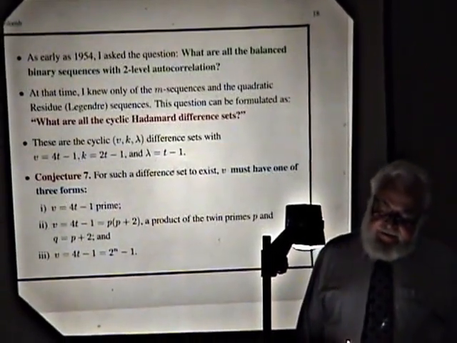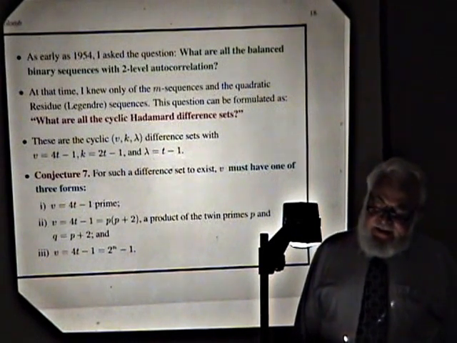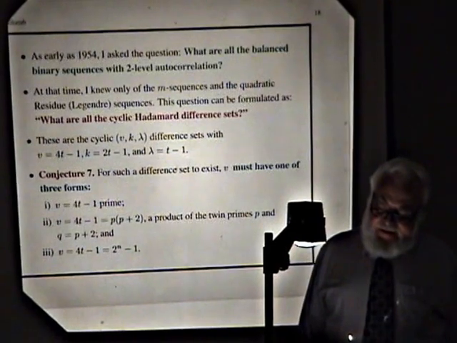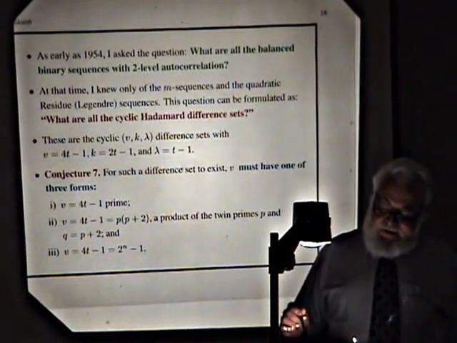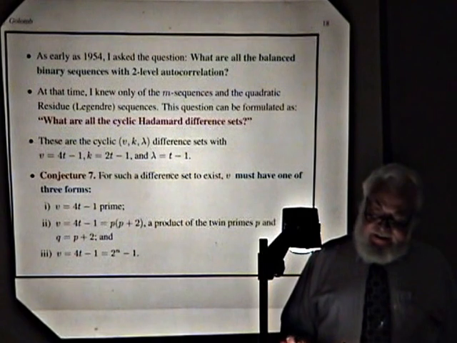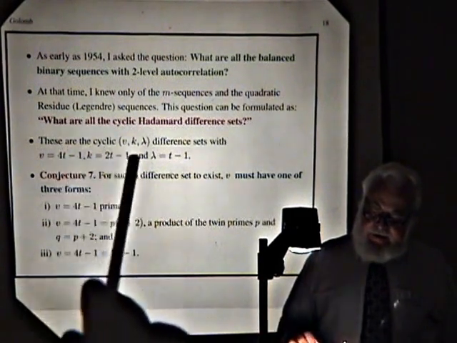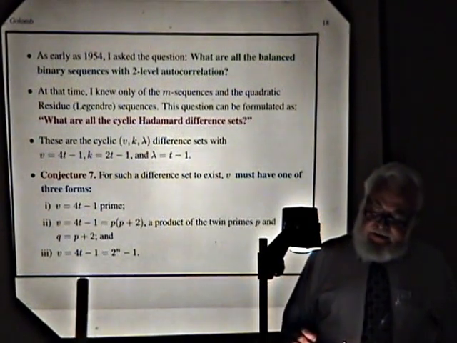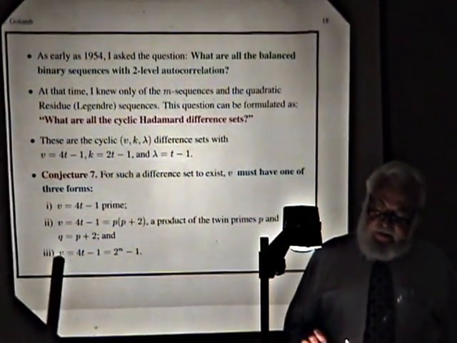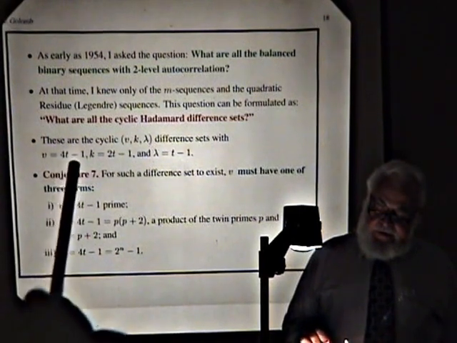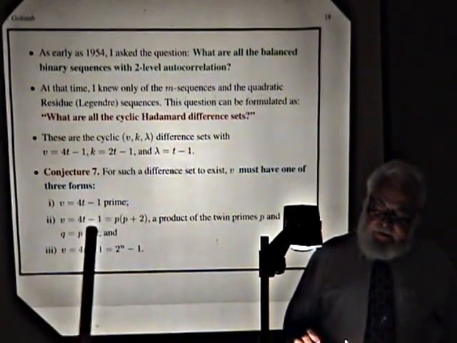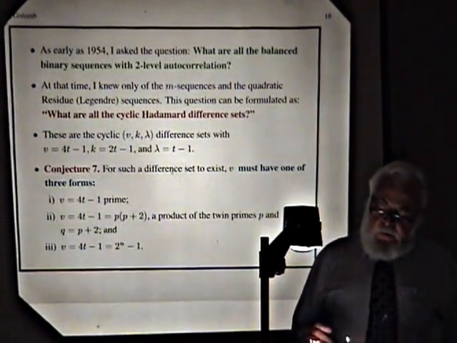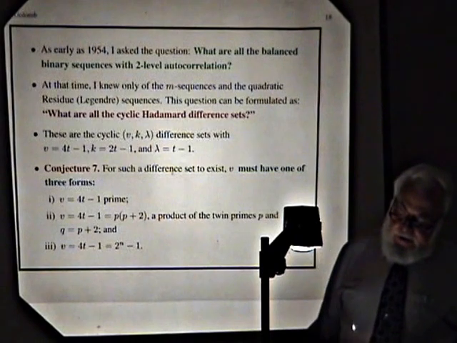And a conjecture that I mentioned to Baumert, who thought it was too flimsy to have my name associated with it at the time, so he lists this conjecture in his book and doesn't attribute it, I think fortunately, is that for such a cyclic (v, k, lambda) difference set to exist, v seems to require being of one of three types. Either 4t minus 1 is a prime, or it's a product of twin primes, where p and p plus 2 are both prime, or v is 1 less than a power of 2.